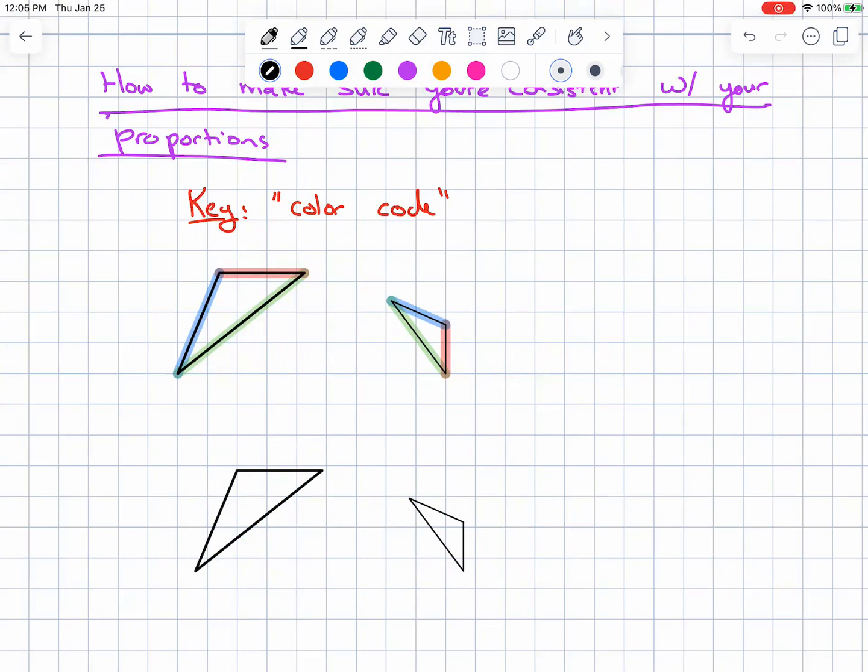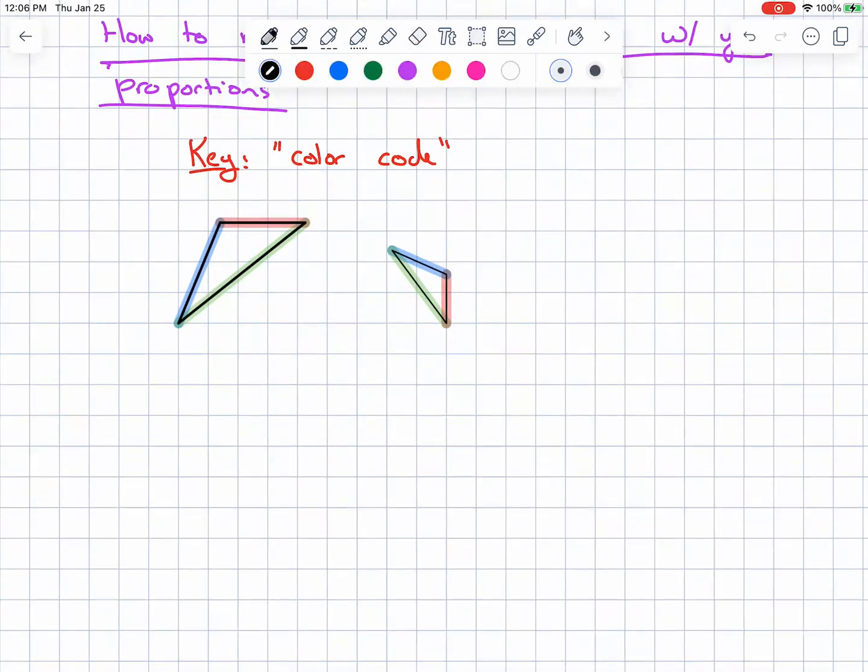So maybe this one I do like this, that was the biggest side length, like this, and then I could do swirlies on this one, and then the other one I could just leave blank. You don't have to have color to do this, but I really, really recommend that you do it because it makes it so much easier to set up your proportional relationships. Not required, but it will save you a lot of heartache and a lot of mistakes.